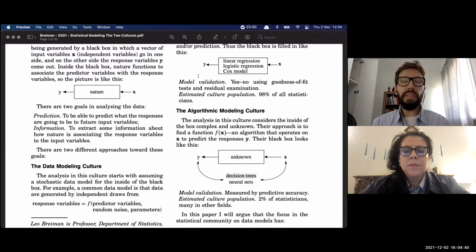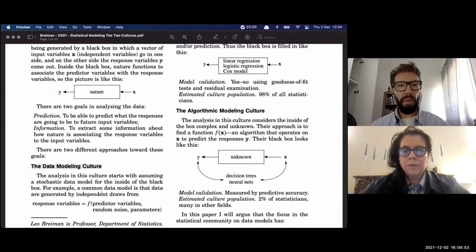So you have these two schools of thought today, and sometimes you cannot solve problems using the more traditional way. I'm not against the algorithmic modeling culture, but I prefer to use the first one because it's related to the hypothesis about your data, and to looking at your model after it's fitted, and you have more information to say if it's a good fit or not.